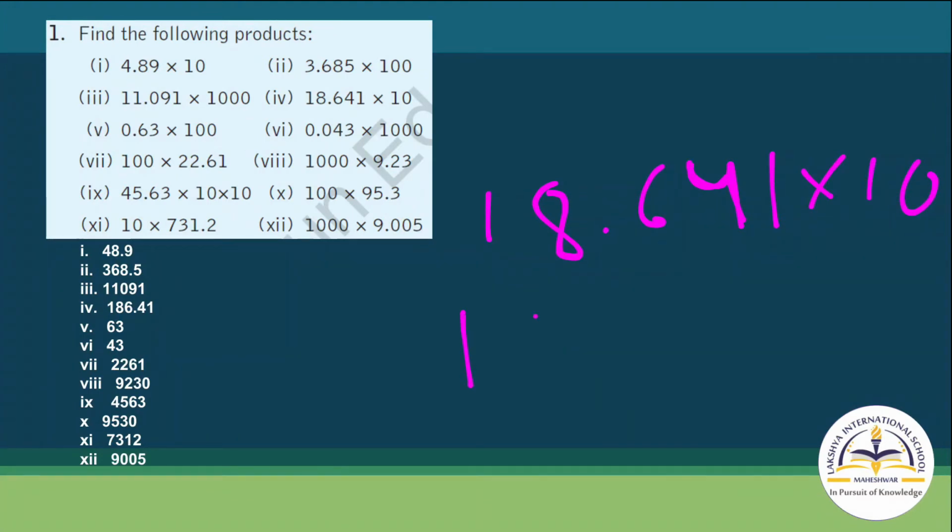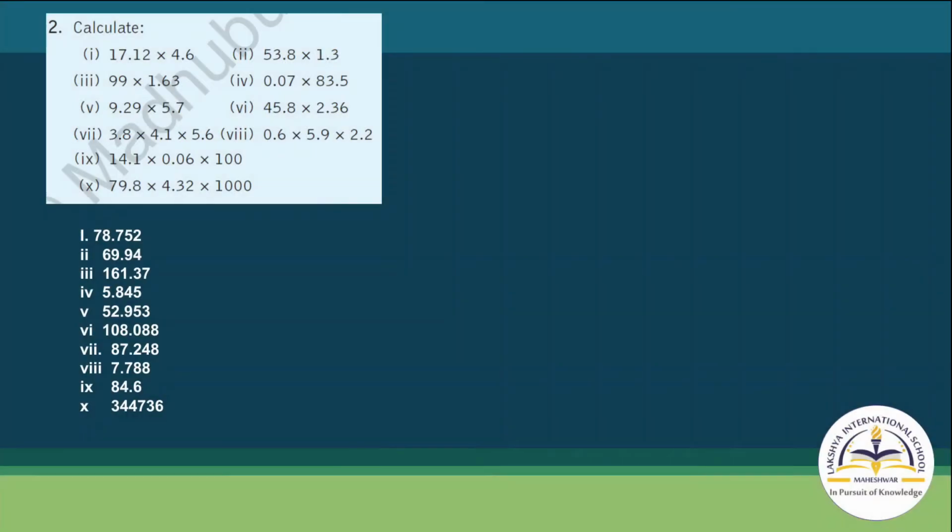So what will be the answer? 186.41, because there is only 1 zero, so the decimal will be after 1, meaning 186.41. In this manner you have to solve this question. Now in the same manner, in place of 10, there are numbers like 100 and 1000. Okay, so in the same manner you have to solve these questions, and you have to take care of the decimal point.